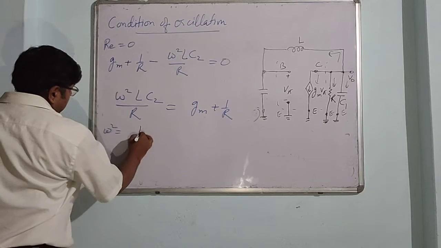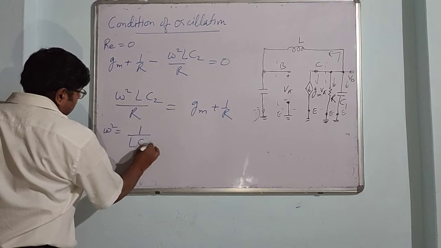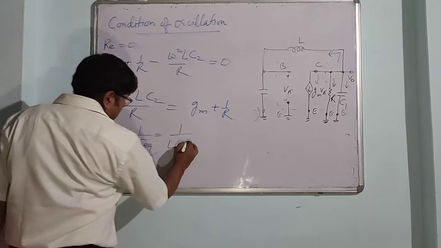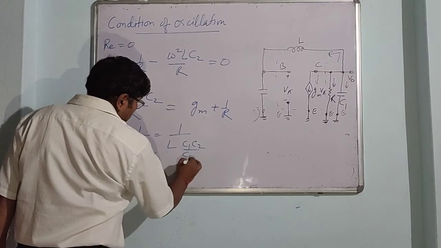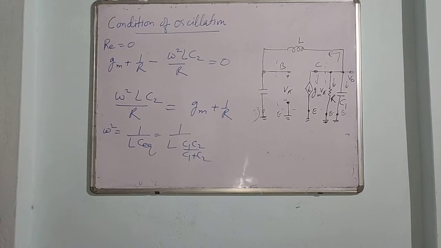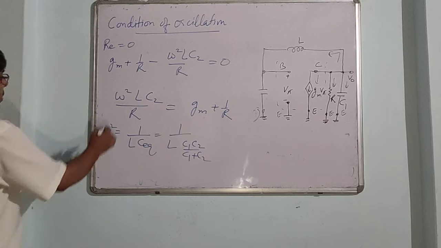Omega square is simply 1 upon L C equivalent, that is 1 upon L into C1 C2 upon C1 plus C2. So from here you can replace this value.